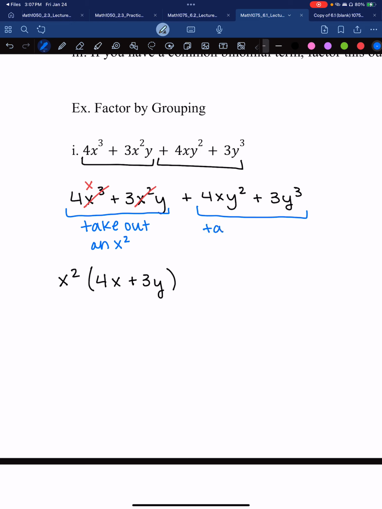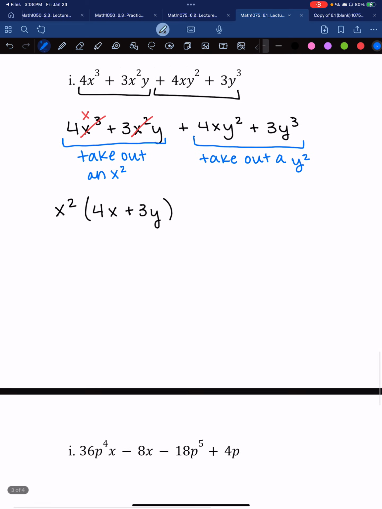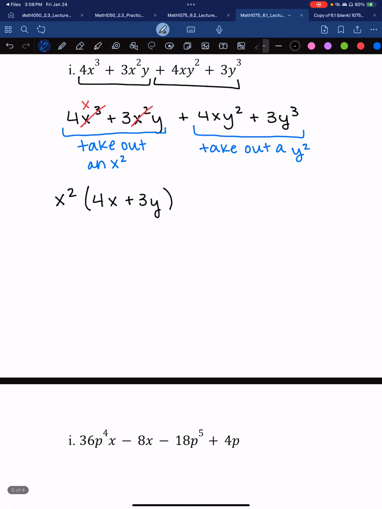So we'll take out a y squared term. And because we're taking out a positive y squared term, we need to put plus y squared. Okay, you always want to include the sign of what you are taking out, if it's positive or negative, and that'll be clear in just a second.